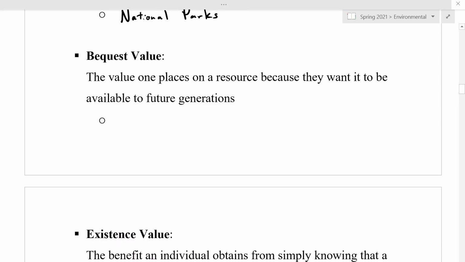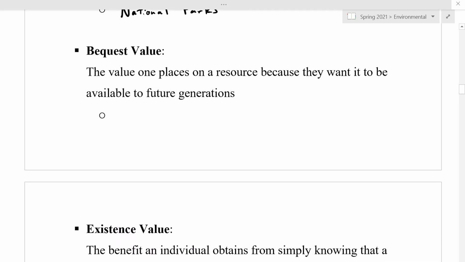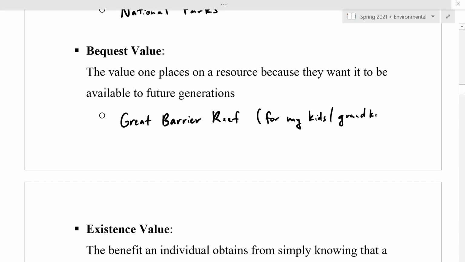Bequest value is in a way very similar, but even though I might not be able to make it to the Great Barrier Reef or to some national park that I'd love to see, I still might want it to be available so that maybe my kids can go see it one day. So I'm going to write that again: the Great Barrier Reef, but this time for my kids or grandkids, or maybe for my great, great, great grandkids.